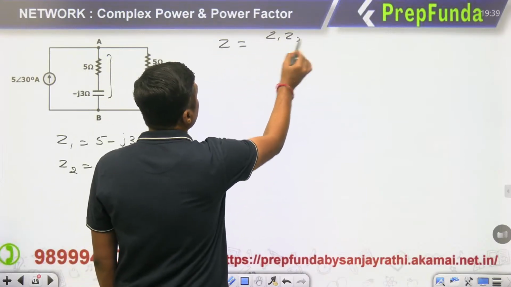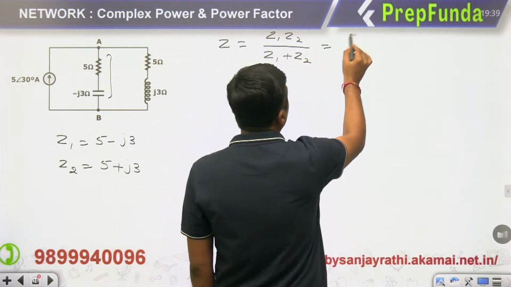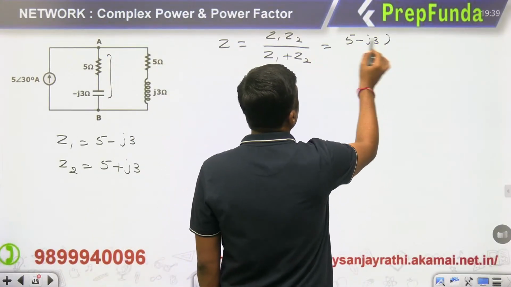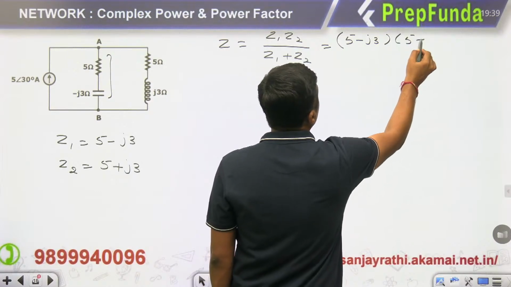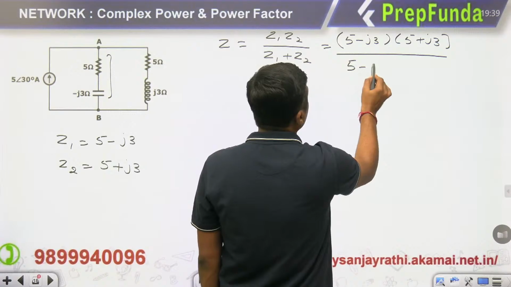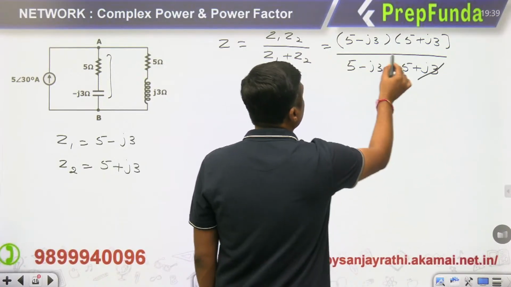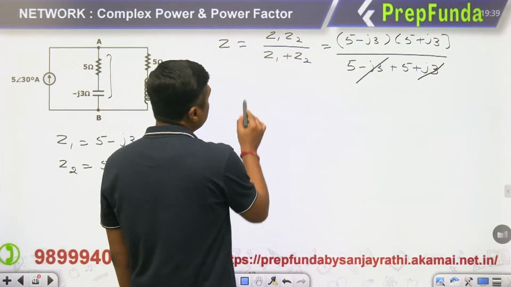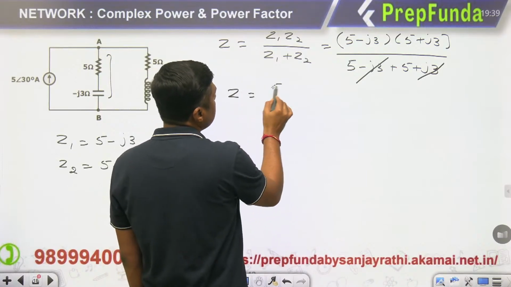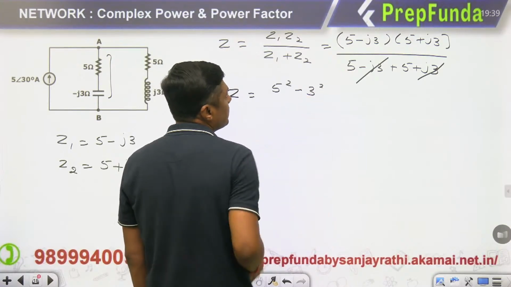Z1 Z2 upon Z1 plus Z2. Then you can say (5 minus J3)(5 plus J3) upon 5 minus J3 plus 5 plus J3. The J terms cancel out. And then it will become 5 square minus 3 square... Is it correct?